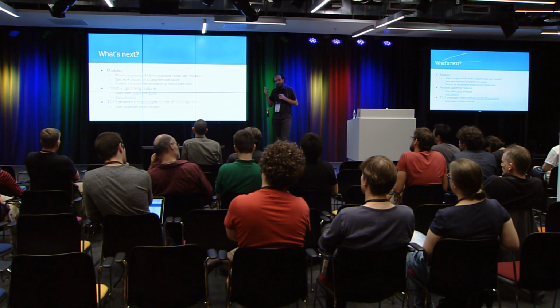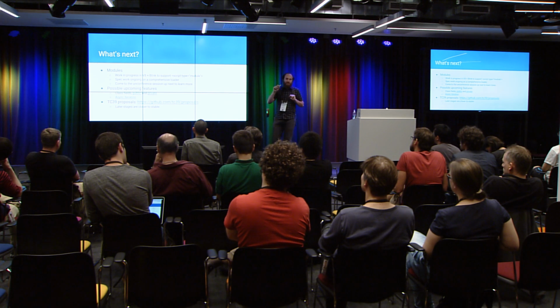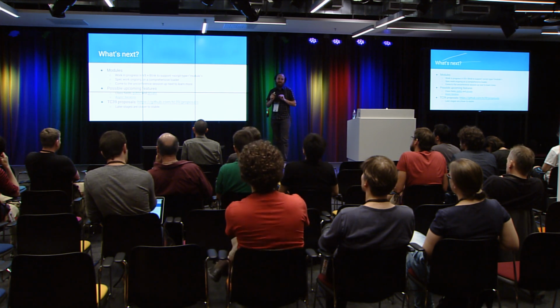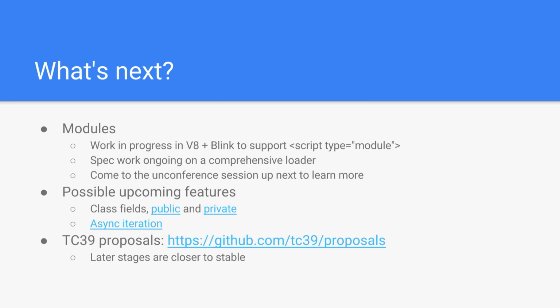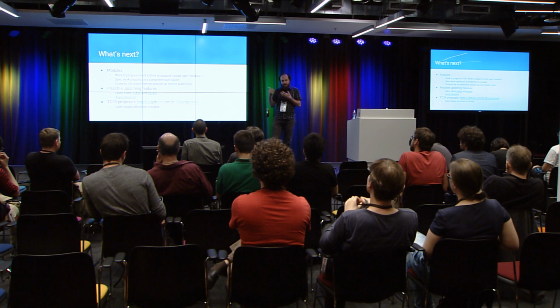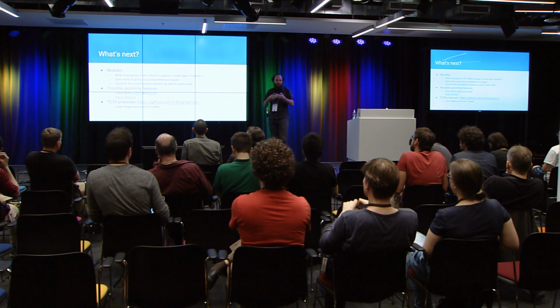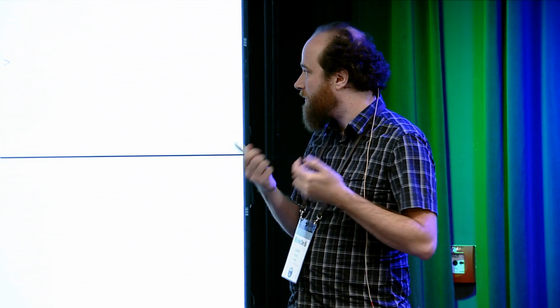But we're not done yet. What else is going on? Modules are sometimes marked with an asterisk when you see that ES 2015 thing. It's partially specified in ES 2015, but the loading mechanism was not. The thing we were waiting on was having that specified in HTML, which is now done, so both us and other implementers are working on implementing script type equals module, which lets you make use of this new module stuff.